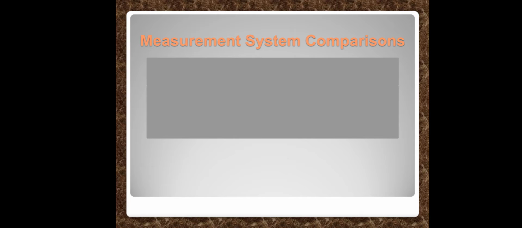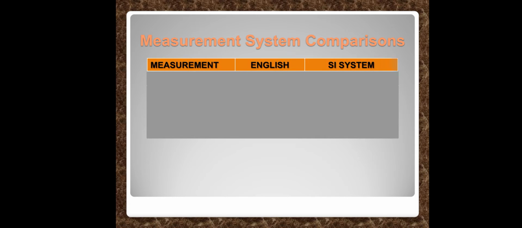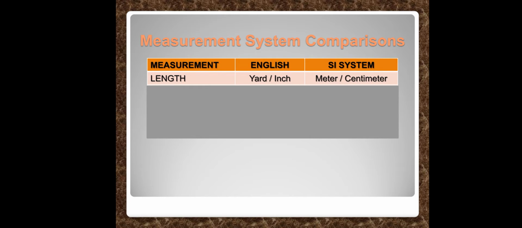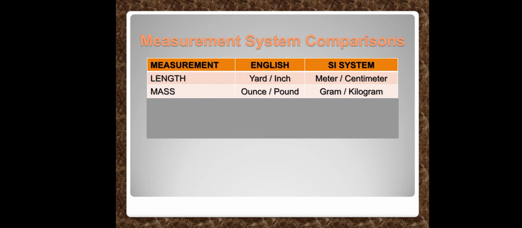Measurement system comparisons. Measurement: English, SI system. Length in the English system is yard or inch. In the SI system, meter or centimeter. Mass in English is ounce or pound.